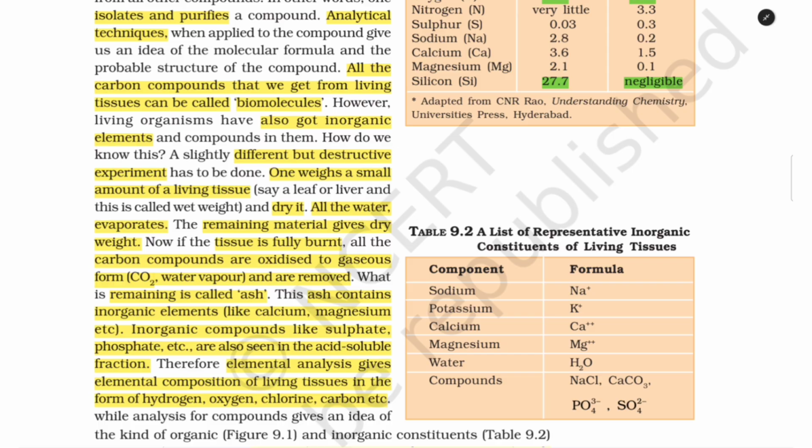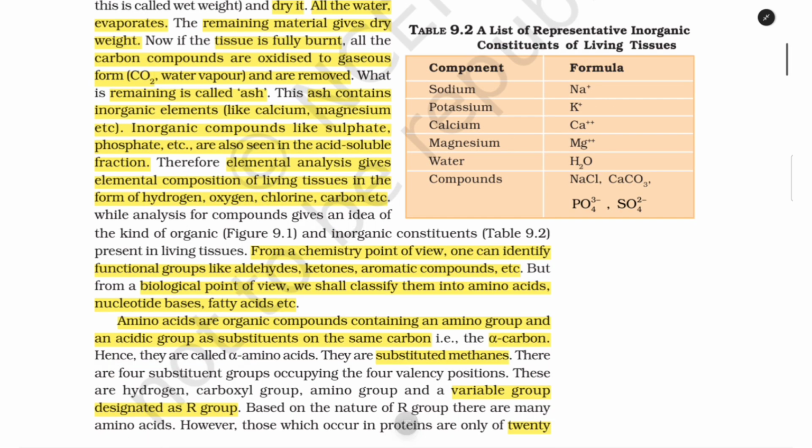Therefore, elemental analysis gives the elemental composition of living tissues in the form of hydrogen, oxygen, chlorine, carbon, etc. While analysis for compounds gives us an idea of the kind of organic, figure 9.1, and inorganic constituents, table 9.2, present in the living tissues.